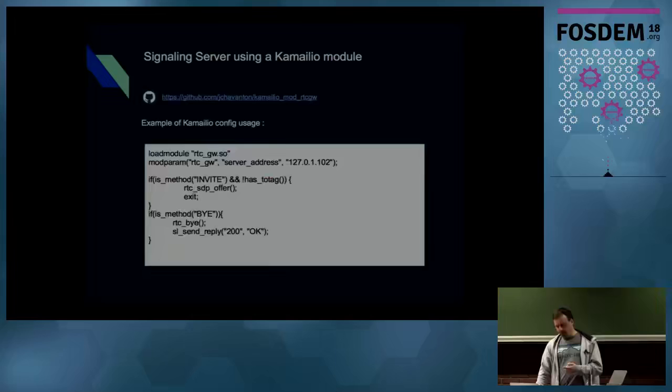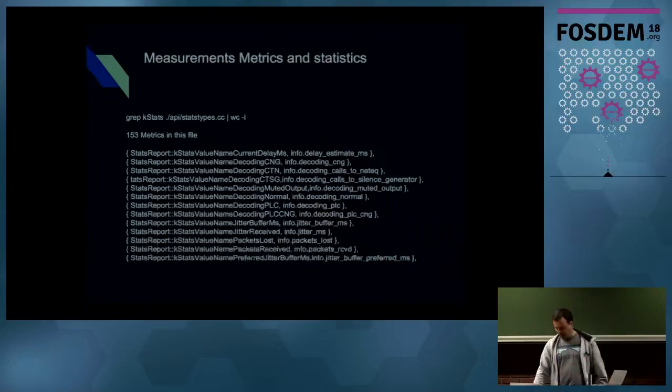And then I'm also sharing the code, the Cameo module that can be used to drive this, even if it's probably not useful for many people. Then again, I'm coming back to where I started from. The expertise in audio quality is very high. They have 150 metrics.